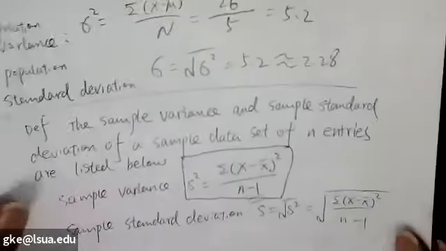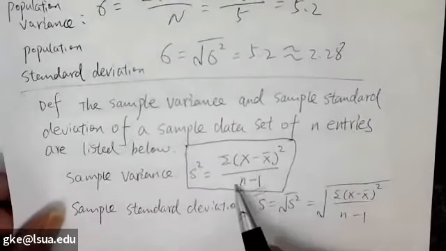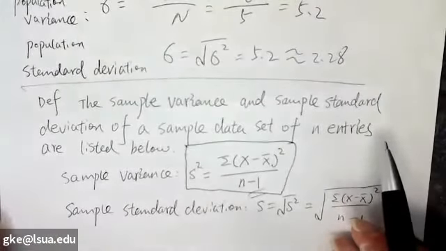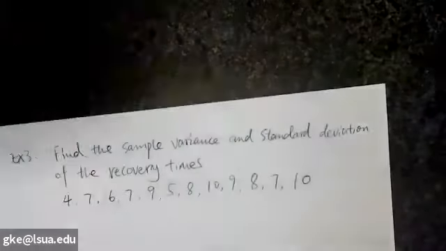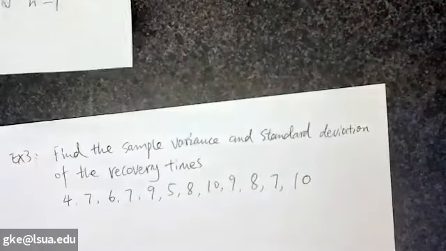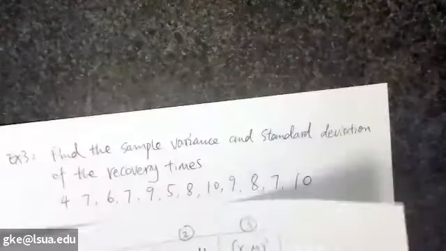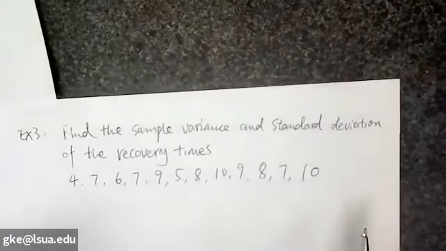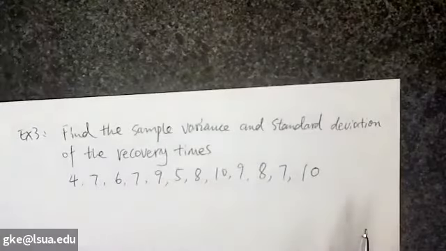The big difference here is about n minus 1. The other steps should be very, very similar. So just follow the steps. The first step, calculate the mean. Sample mean means x bar, right?